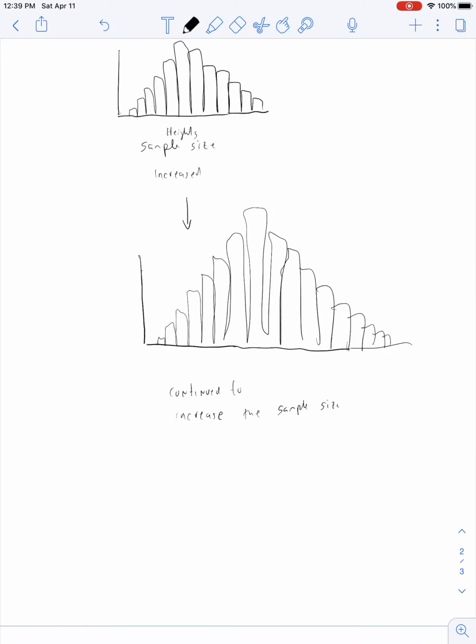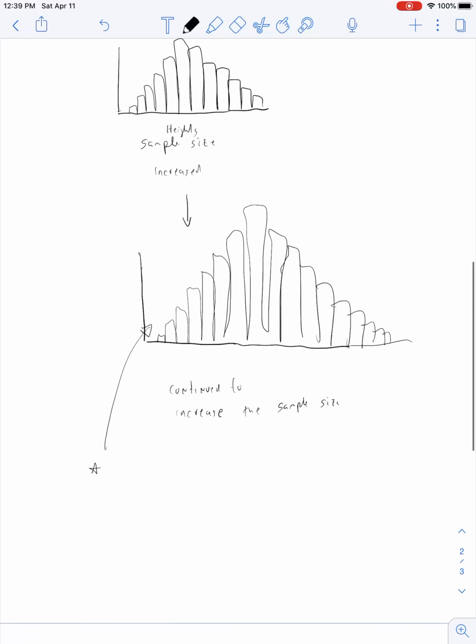What we start noticing specifically here is that this histogram looks to be symmetric.